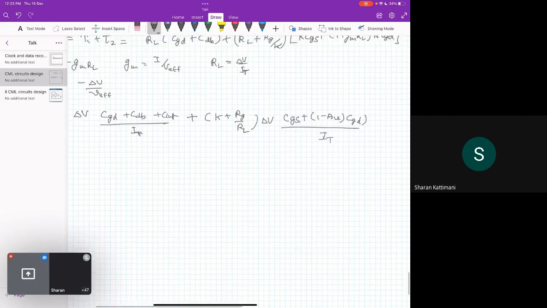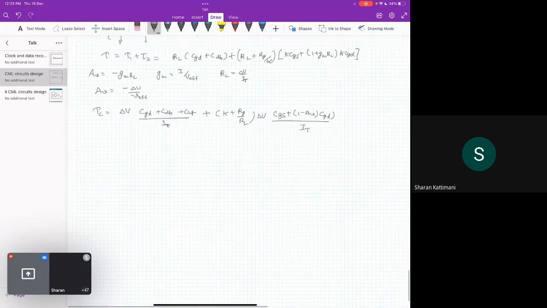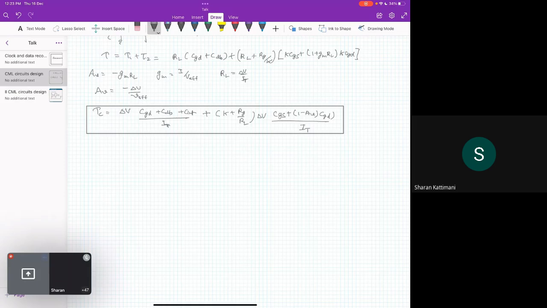Okay, so ultimately the purpose of showing this equation is that you can see that we cannot work on most of the parameters here. Everything is kind of fixed. So the researchers have tried to find the best possibility, the best current density that can be used.